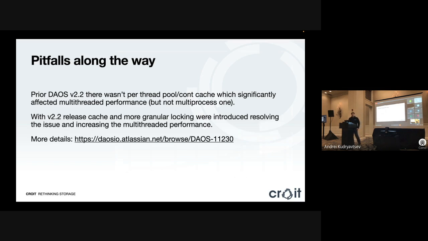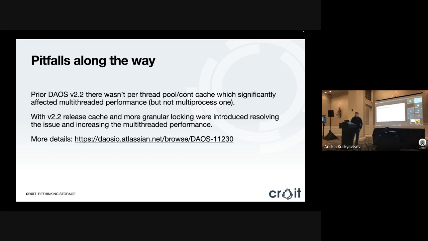Some of the pitfalls that we found along the way: prior to DAOS 2.2, there were some issues with the thread pool and container cache. This effectively limited the performance of multi-threaded access from a single device, but it scaled if you have multiple devices across the cluster.